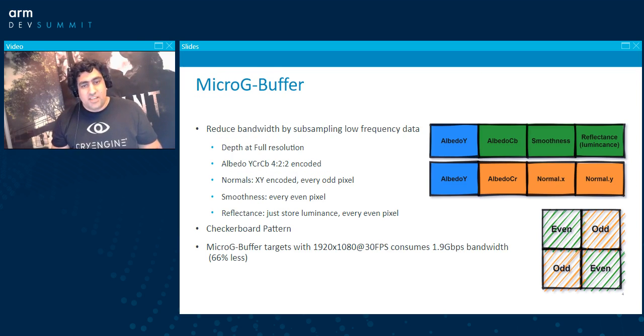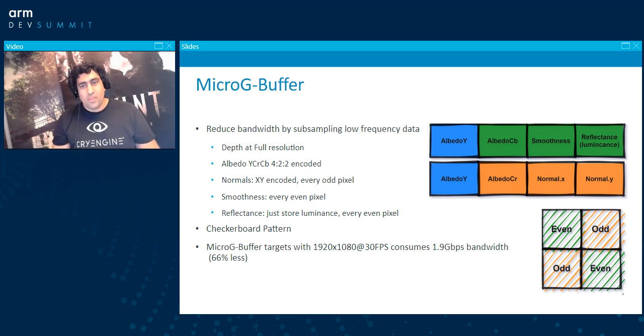One of the biggest challenges for deferred rendering on mobile chipsets is their low memory bandwidth compared to PC and consoles. To tackle this, we have a compressed gbuffer representation called micro gbuffer. In this method, we store geometry data at a lower rate than the actual render target resolution and reconstruct it during sampling.